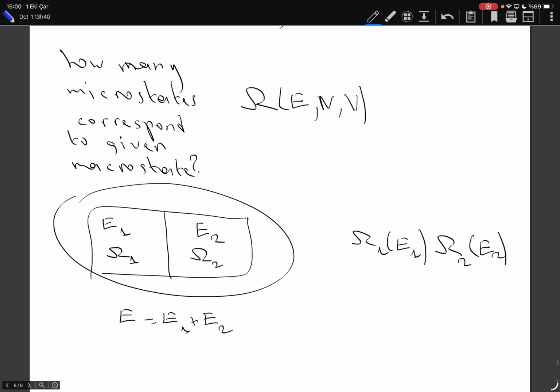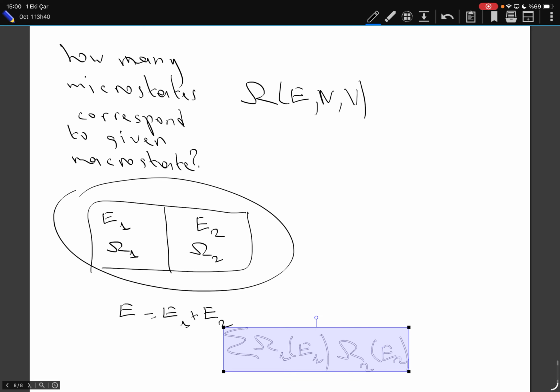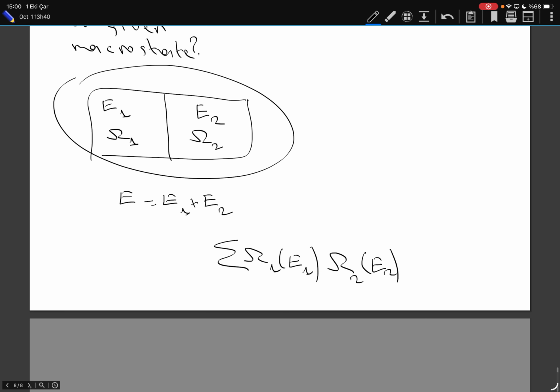But now I'm also allowing them to exchange energy. So E1 is not fixed, E2 is not fixed, but the capital E is fixed. So if I look at the whole system, I sum over all values of E1 and E2 such that E1 plus E2, which I call E, is fixed.